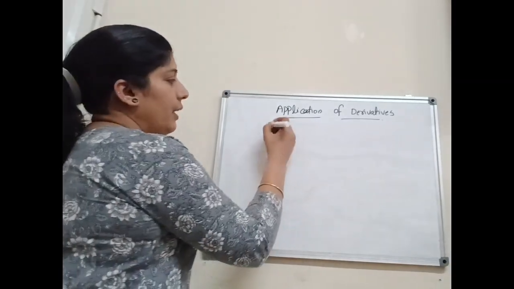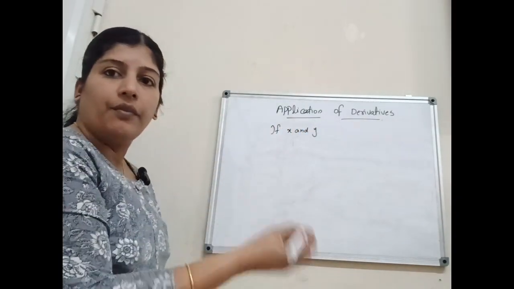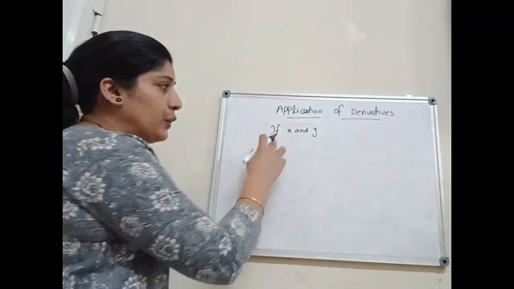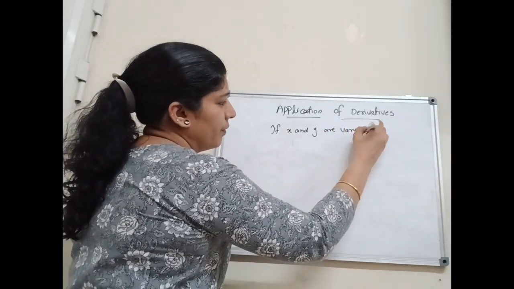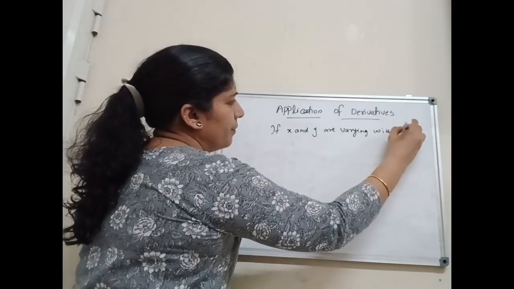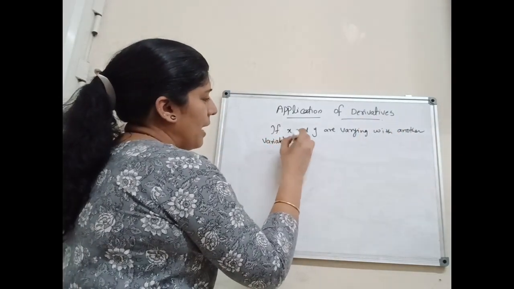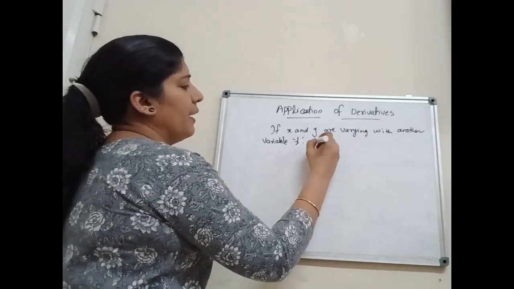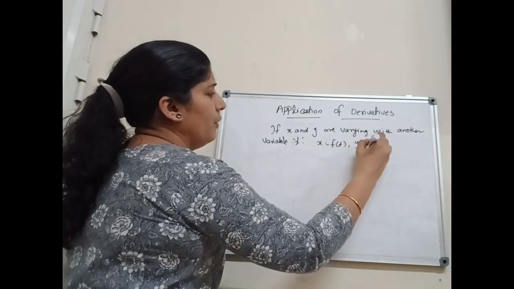Next, we have to consider if x and y are varying with another variable. That is, if two variables x and y are varying with another variable, let us take that variable as t. That means the function x equal to f of t and y equal to g of t.